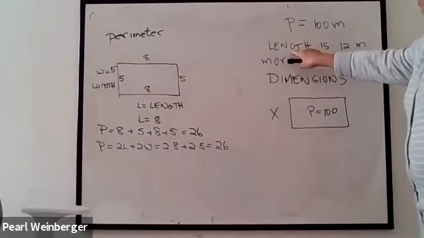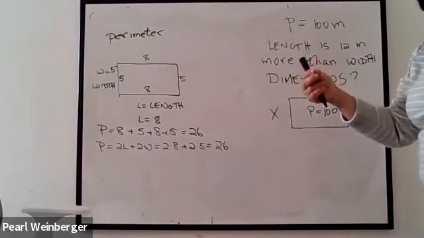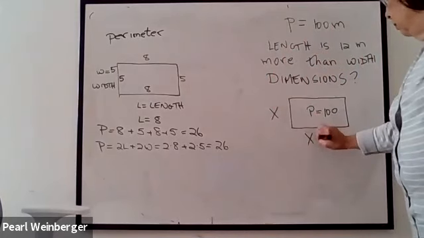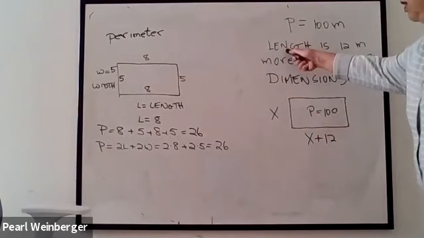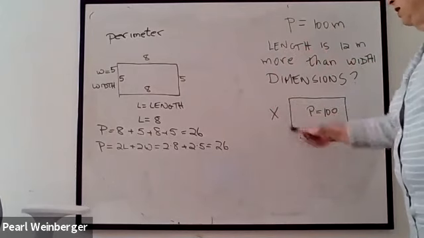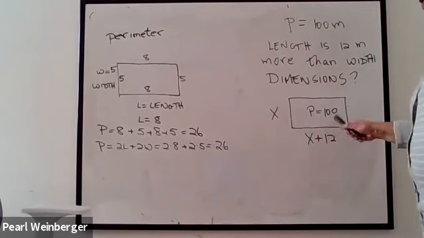The length then is 12 more. More means what are you doing with it? You're adding. So the length must be x plus 12. In other words, they're telling me what the length is in terms of the width. So I call the width x, which gives me the length to be x plus 12.